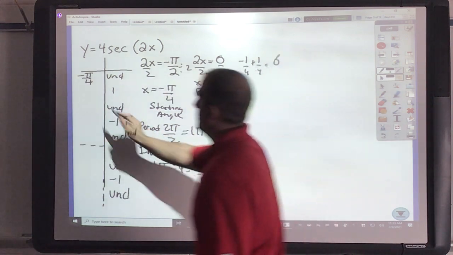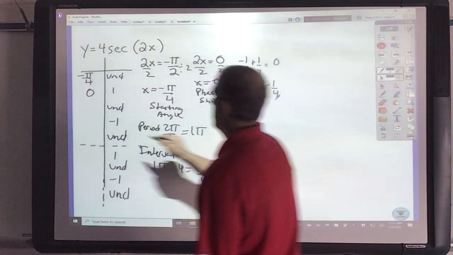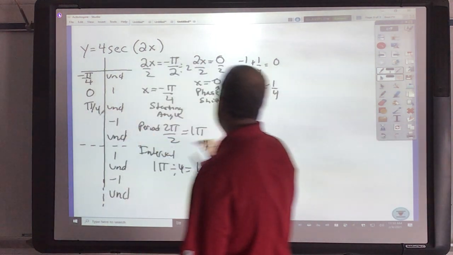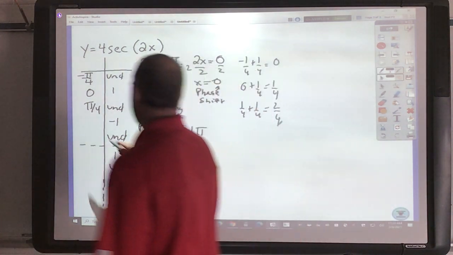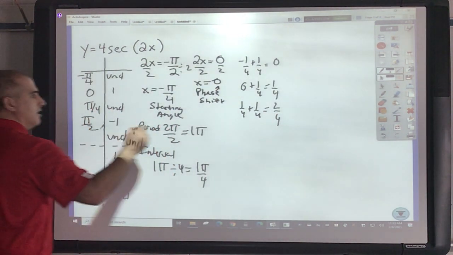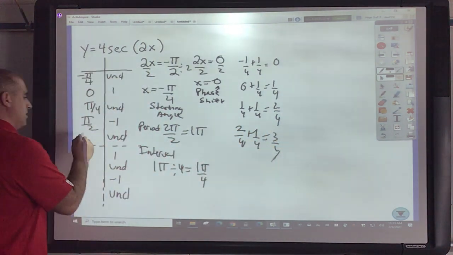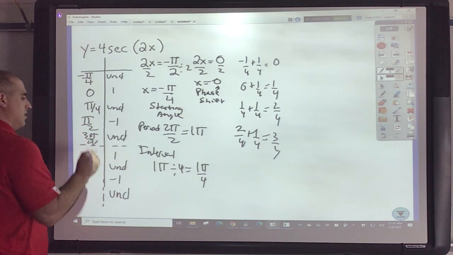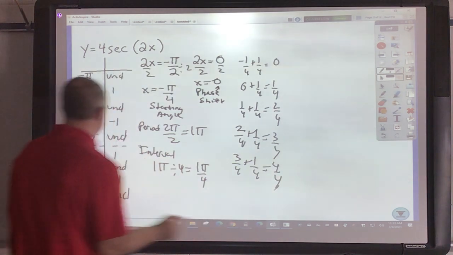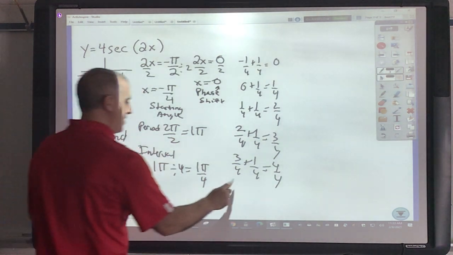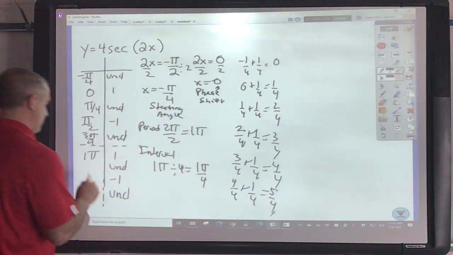That's pretty easy, 0. 0 plus 1/4 would just be 1/4, so pi over 4. 1/4 plus 1/4 is 2/4, which is pi over 2. 2/4 plus 1/4 is 3/4, 3 pi over 4. 3/4 plus 1/4 is 4/4, which would be 1 pi. And then 4/4 plus 1/4 is 5/4.